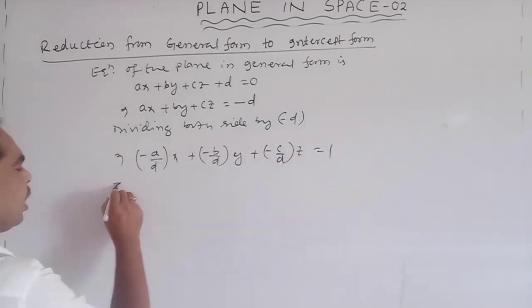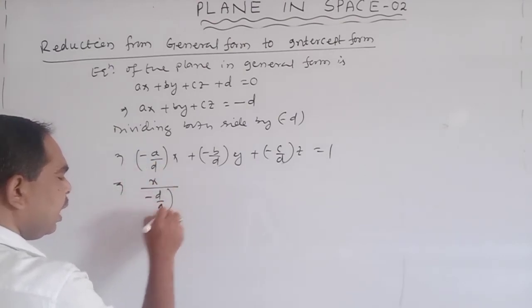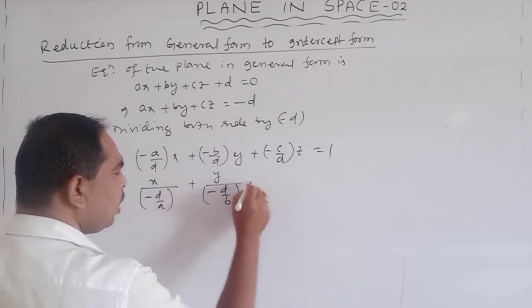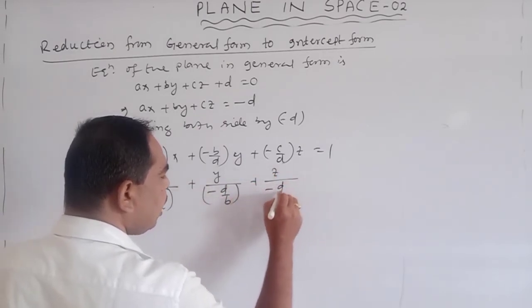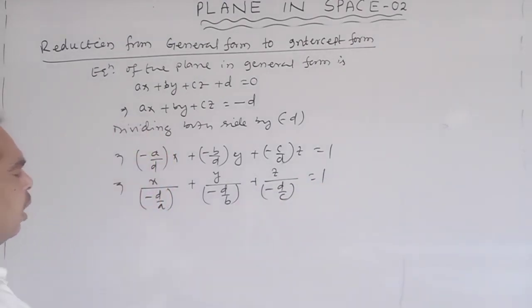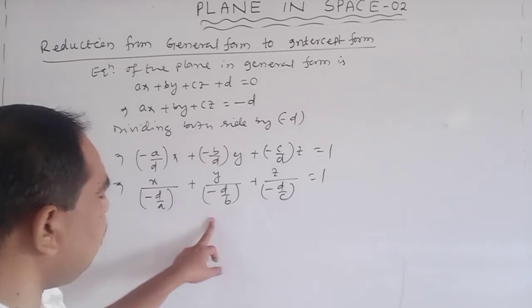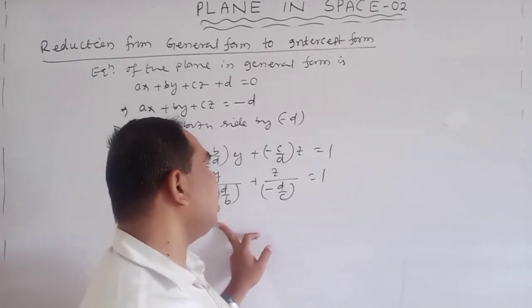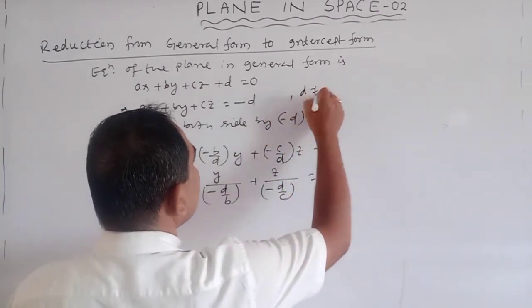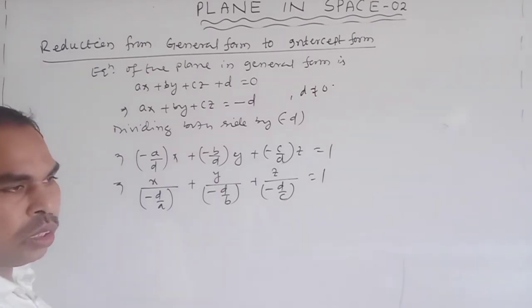Simplifying, x divided by minus d by a plus y divided by minus d by b plus z divided by minus d by c is equal to 1. Condition: d not equal to 0.